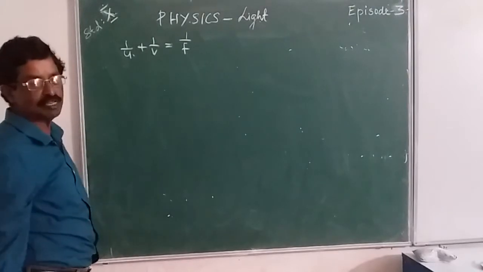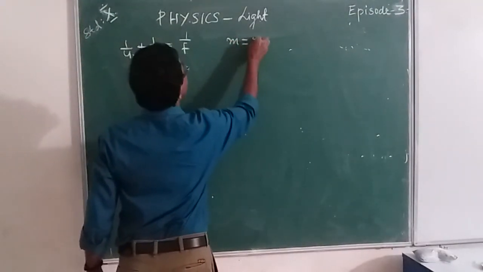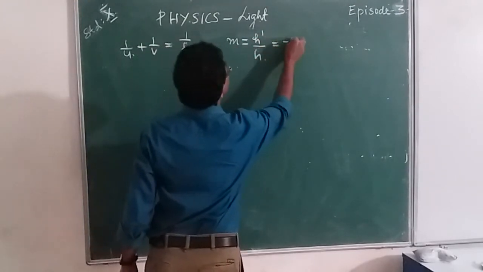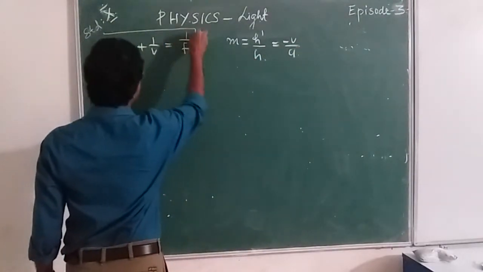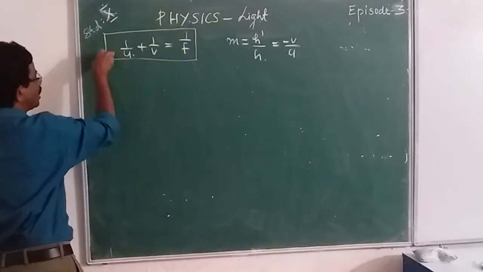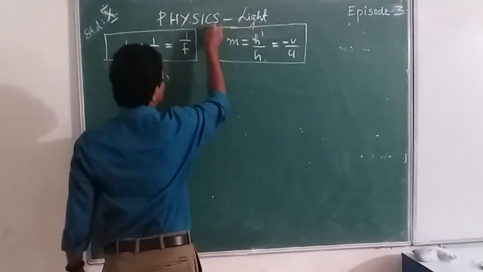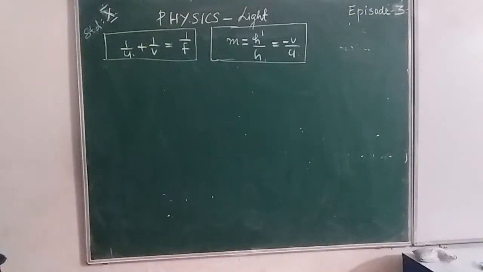The next one is magnification: M is equal to h dash divided by h, that is equal to minus v by u. These two relations you must study very clearly. Now our work is to solve problems with these equations.